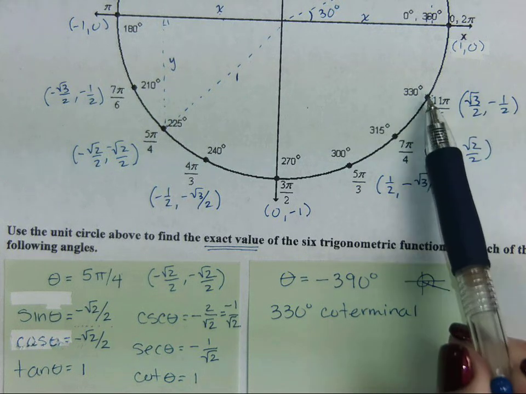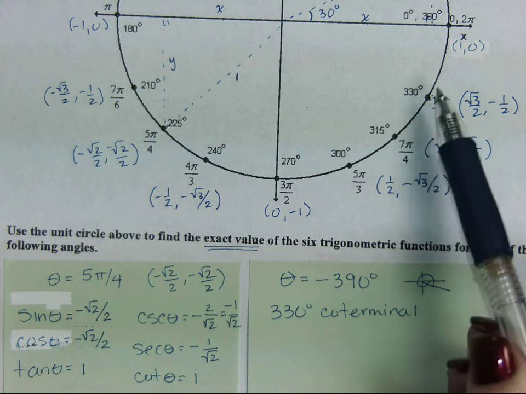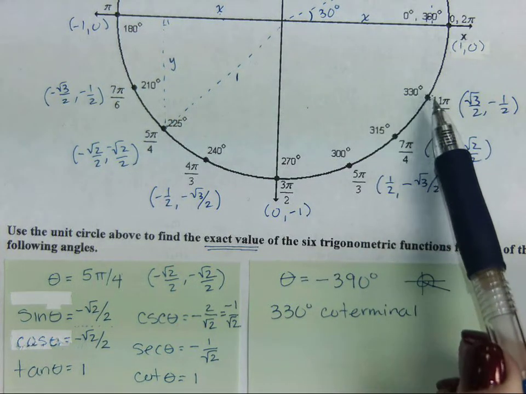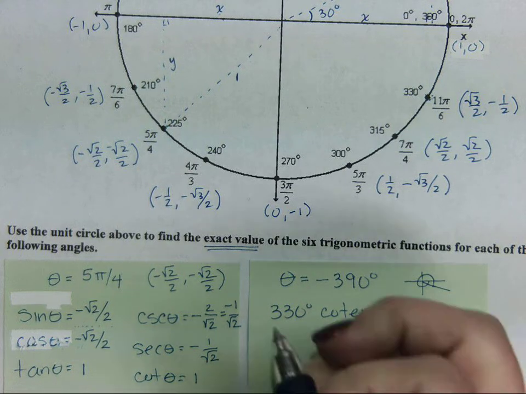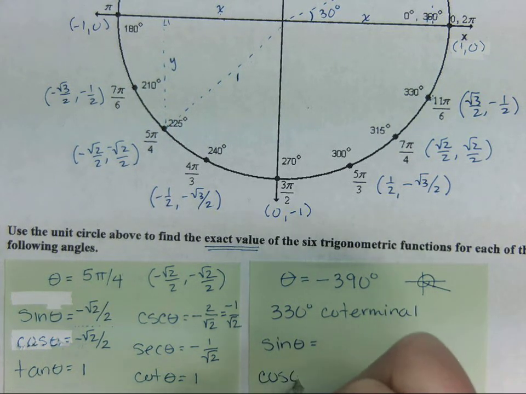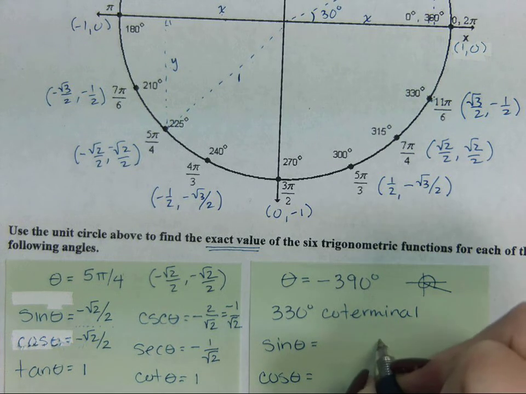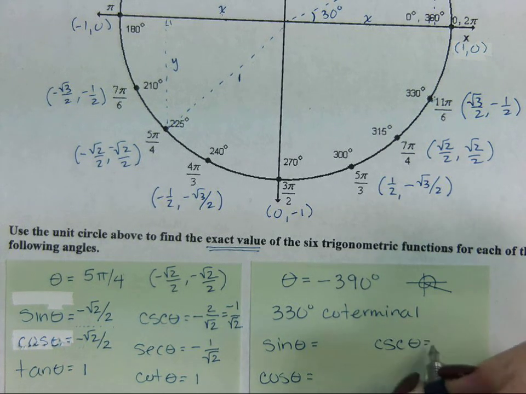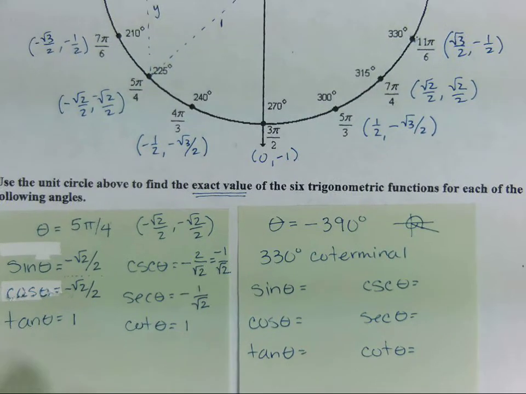So you have to figure out where you're coterminal to find the coordinate that is in the same place as if I went around and then stopped at that point. That's going to be super important. So when I'm looking at sine, cosine, and tangent, again, you want to make sure that you can break up all of the reciprocals as well.